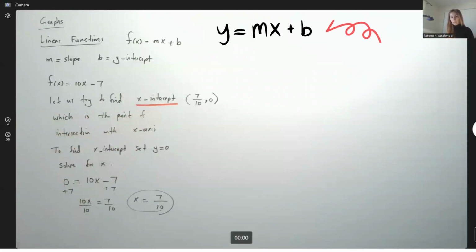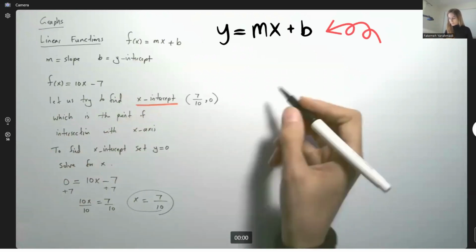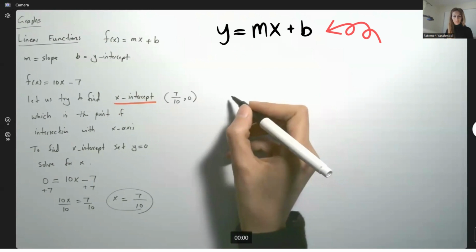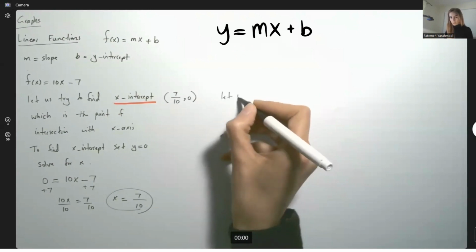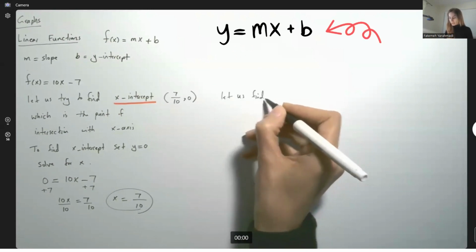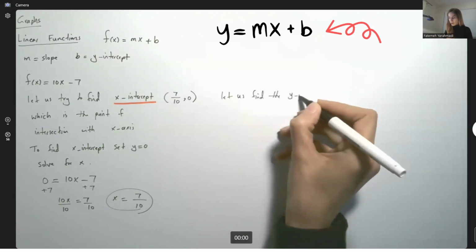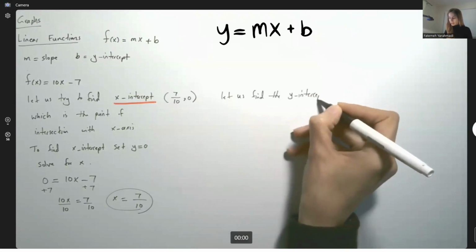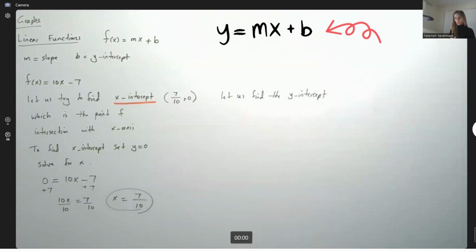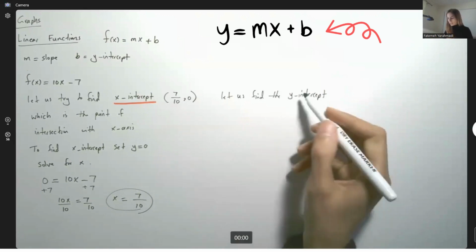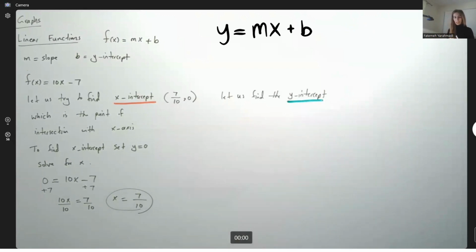Other than the x-intercept, we are interested in finding the second point that we call the y-intercept. So let us find the y-intercept. Okay, so what is the y-intercept that you're talking about?